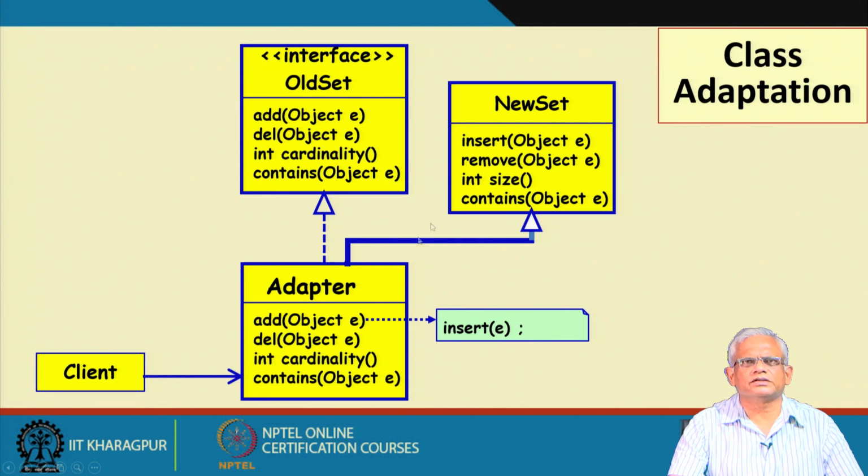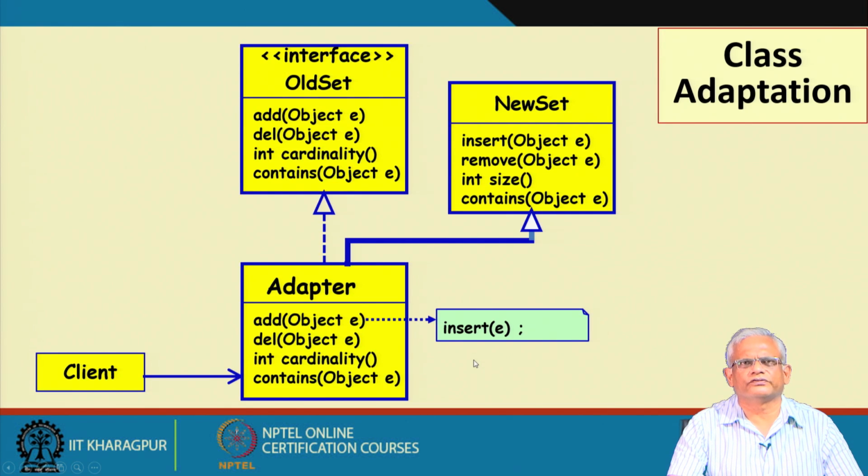Being a subclass of new set, it has insert, remove, size and contains available due to inheritance. Therefore, when the client makes a call, let us say add, the adapter internally will call insert, because the insert method is available due to inheritance. So, that is the main idea in the class adaptation.